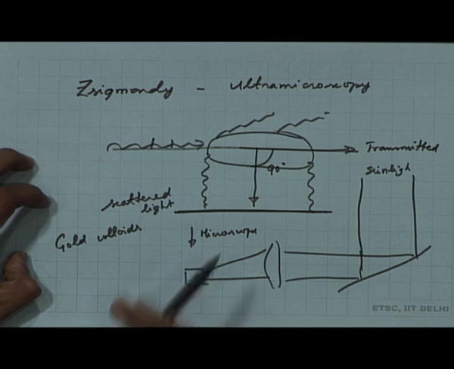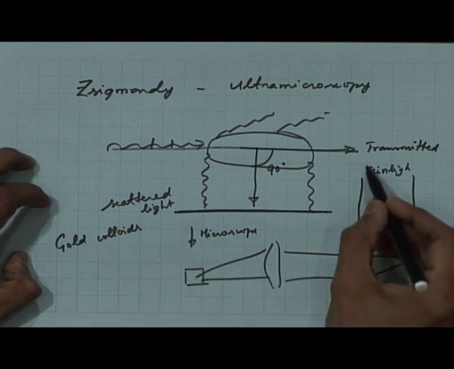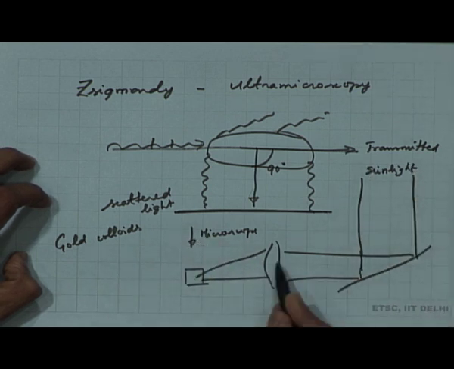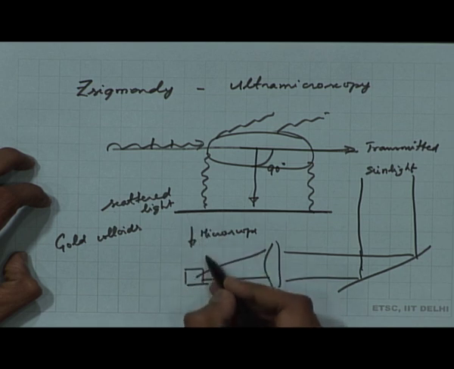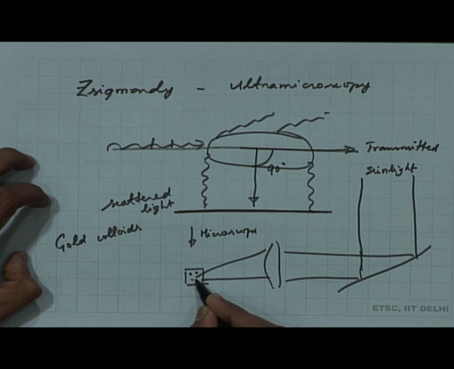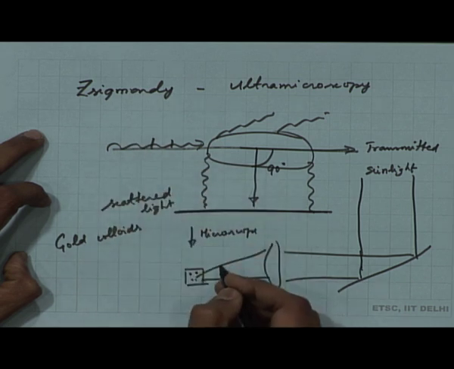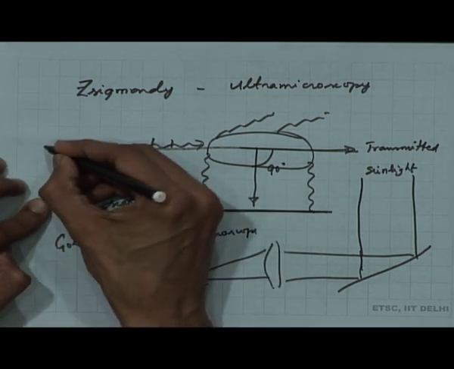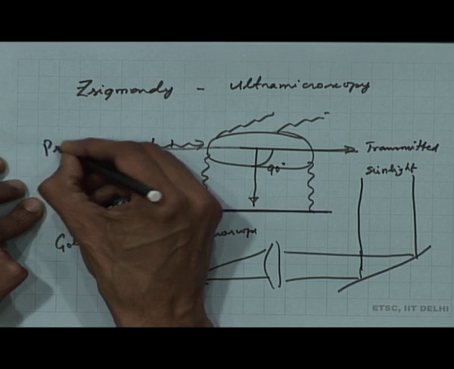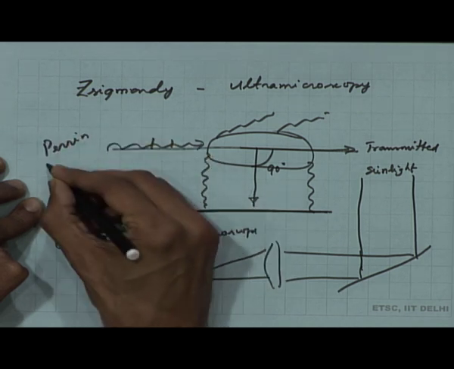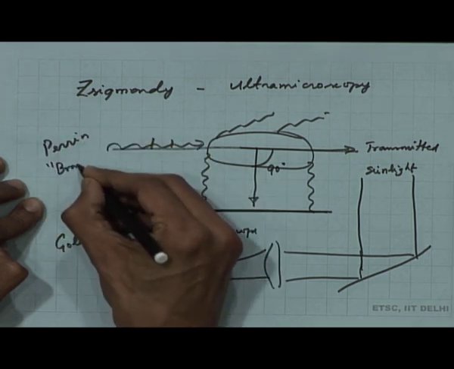So, what Zsigmondy was able to do is take sunlight, put it through this, and focus it onto the sample of the colloid solution, and he looked at the microscope here, and he could essentially see particles here, and he could measure these particles. And this ultramicroscope was something that was used by Jean-Baptiste Perrin to look at Brownian motion, which won him a Nobel Prize.